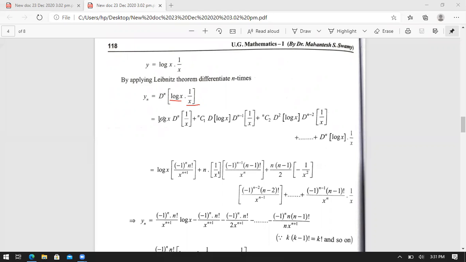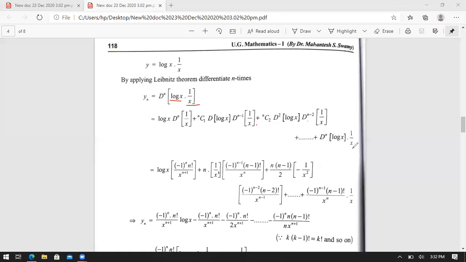See here, first function log x as it is, then the nth derivative of 1 by x, plus nC1 into the differentiation of the first function, that is log x, into the previous term d to the power of n minus 1 of v, that is 1 by x, plus nC2 into d square of log x into d to the power of n minus 2 of 1 by x, plus so on, d to the power of n of log x into phi, phi means 1 by x.